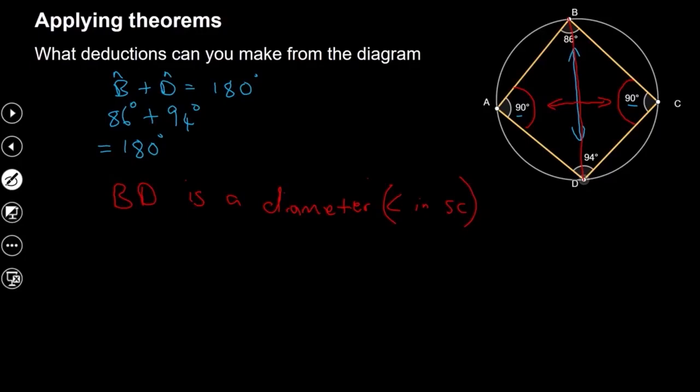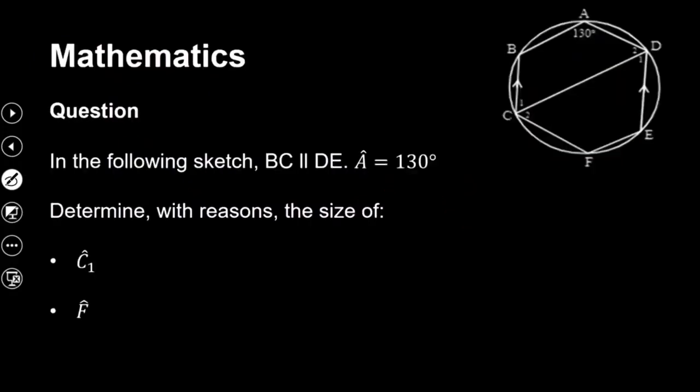No, they are on the circumference, so that means it is a cyclic quadrilateral. So it's not really a deduction. A deduction is something where, if you were to do this, then you will find this. But in this instance, ABCD is definitely a cyclic quad. Why? Because the four points are concyclic. So that's what you need to think about there.